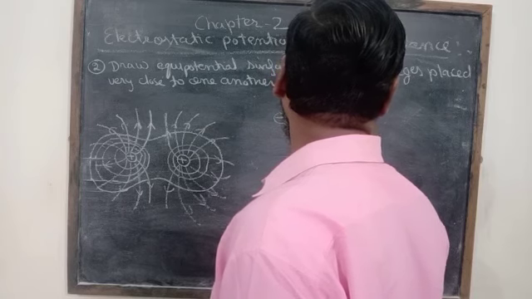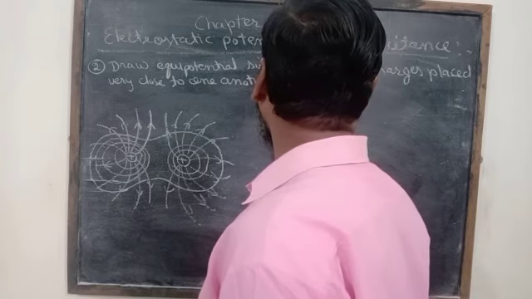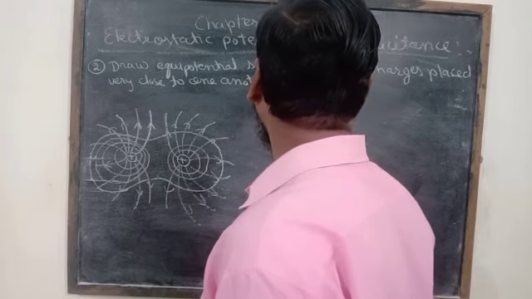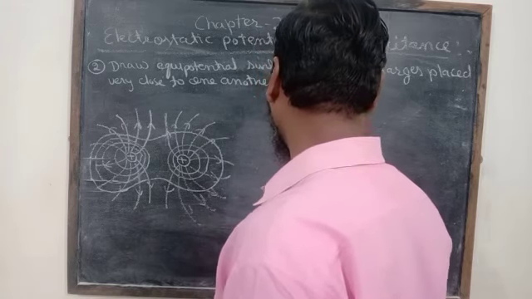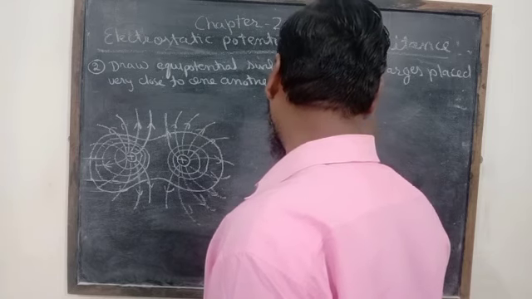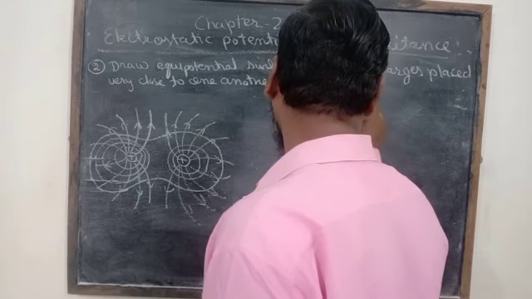consider two negative charges and their pattern of electric line of forces will be similar, but the directions are different and moving towards the charges.